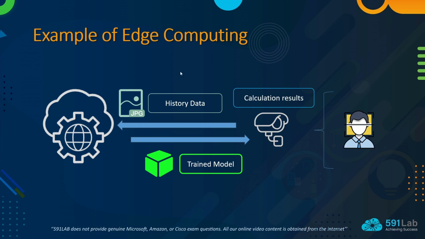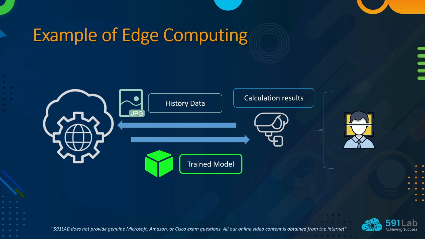Edge computing will make the camera closer to the Cloud Center. And also, the Cloud Center may have some system and middleware vulnerabilities, like Struts 2, but the camera will have different vulnerabilities, like IoT device vulnerabilities.